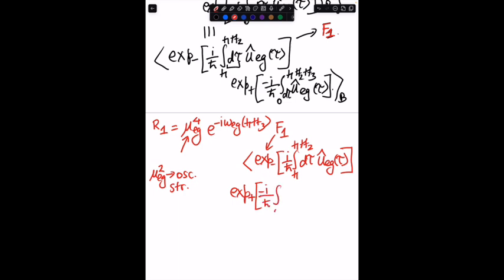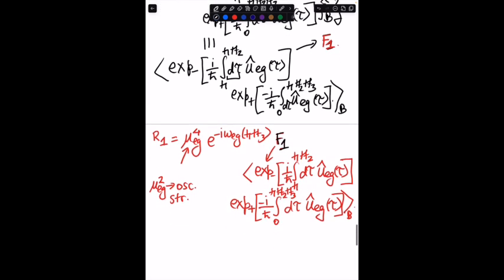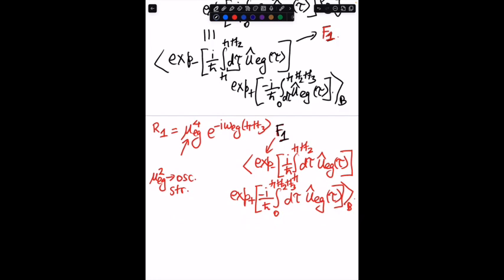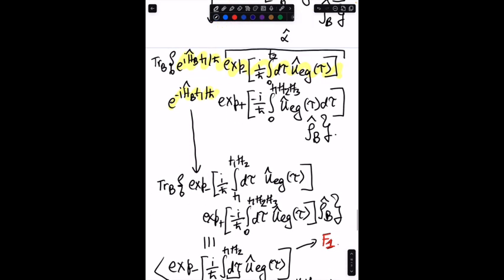I will show you guys a shortcut on how the response function's dephasing function can be written by directly looking at the Feynman diagrams, but for now, let's stick to the full blown procedure. Okay, so this is R1, and within R1 is F1, which corresponds to the dephasing function of R1. Yes. So we are at this point now, and we should go back and understand what happens at this point.